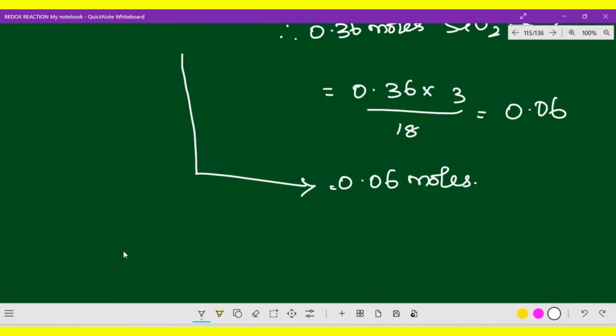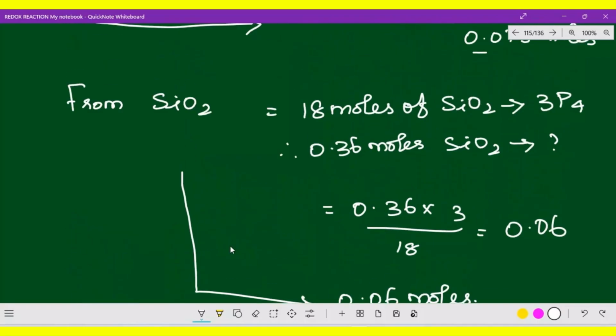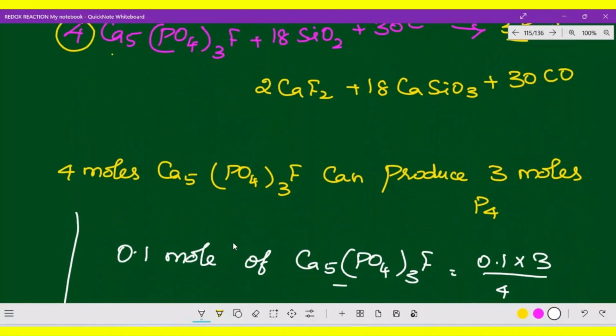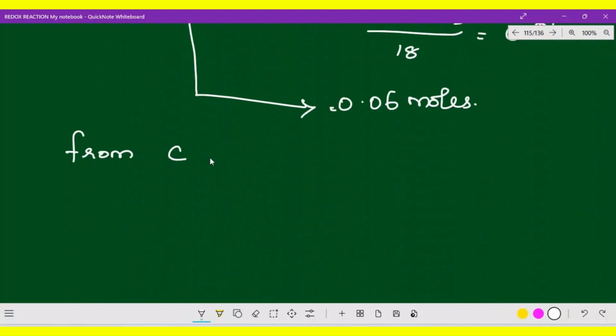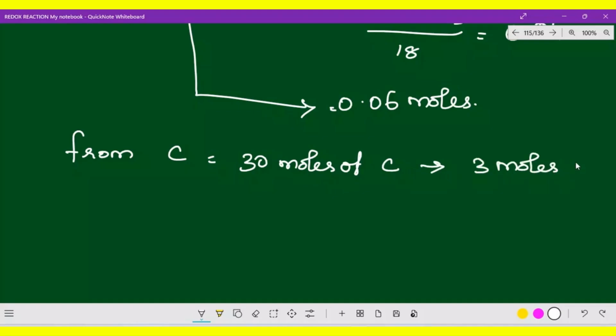And finally, from carbon, the same. 30 moles of carbon can provide 3 moles of P4.